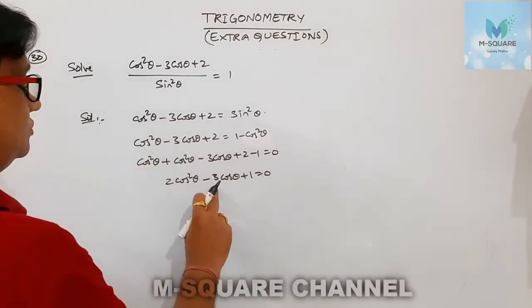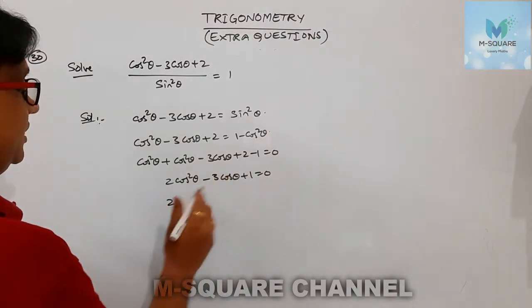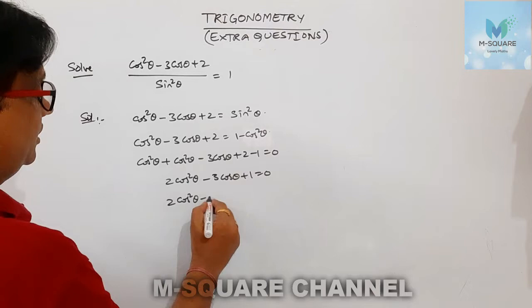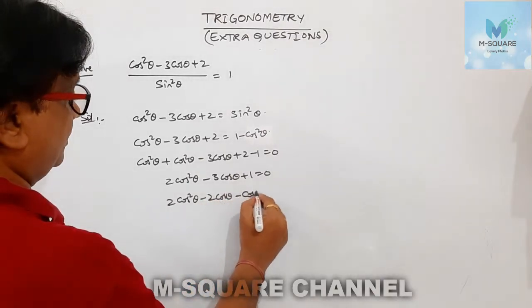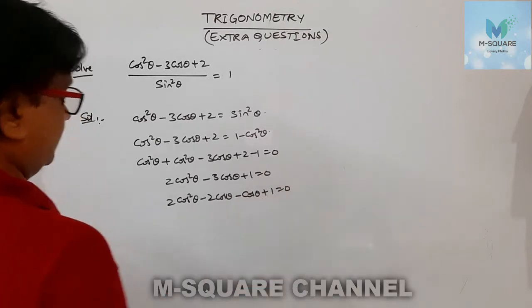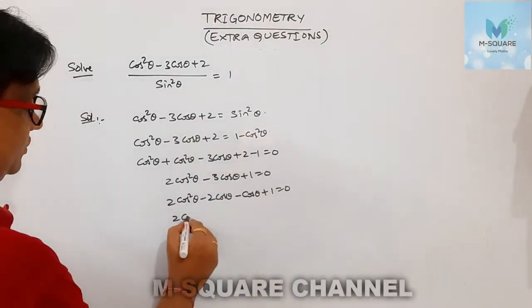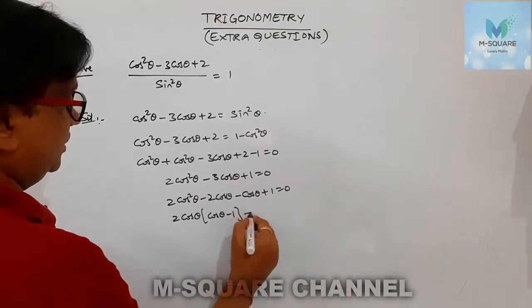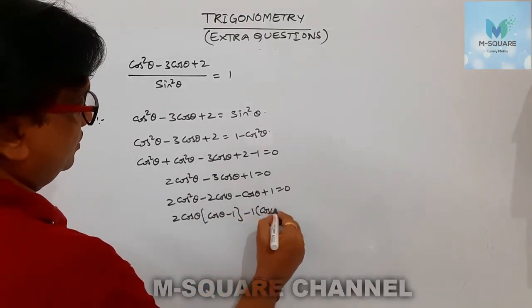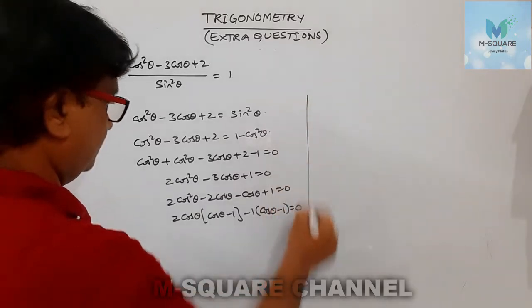So 2 1s are 2, so we are going to split this middle term. 2 cos square theta minus 2 cos theta minus cos theta plus 1 equal to 0. So 2 cos theta is the common factor, cos theta minus 1. Here minus 1 common, cos theta minus 1.